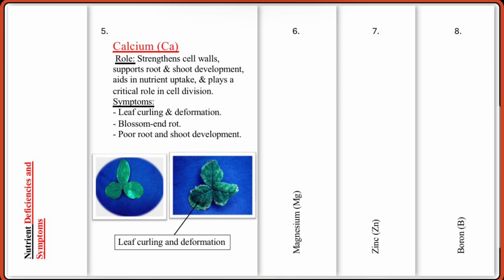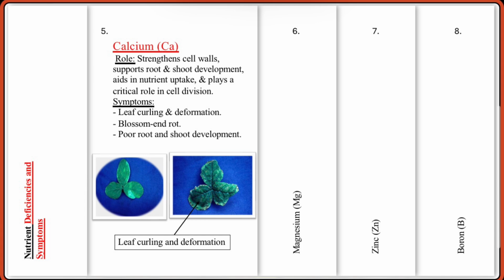The next nutrient is calcium. Calcium plays an important role in plant growth. It serves to strengthen the cell wall and supports root and shoot development. It aids in nutrient uptake and plays a critical role in cell division.